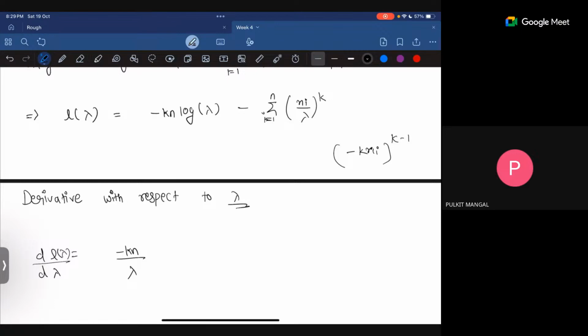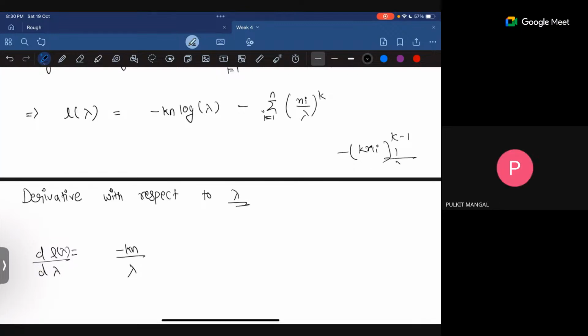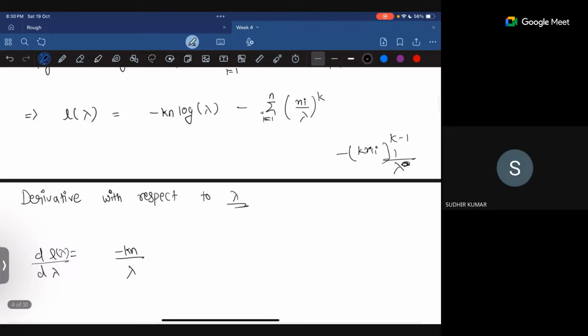Minus is outside. Anything more? So multiplied by 1 by lambda square. No, sir. That is k minus 1. Let me rethink. K should be outside, I think.